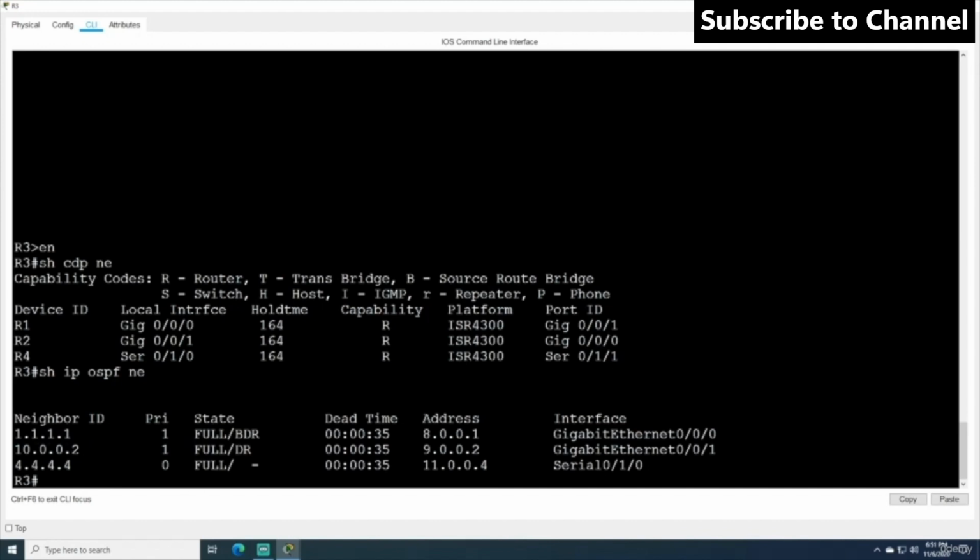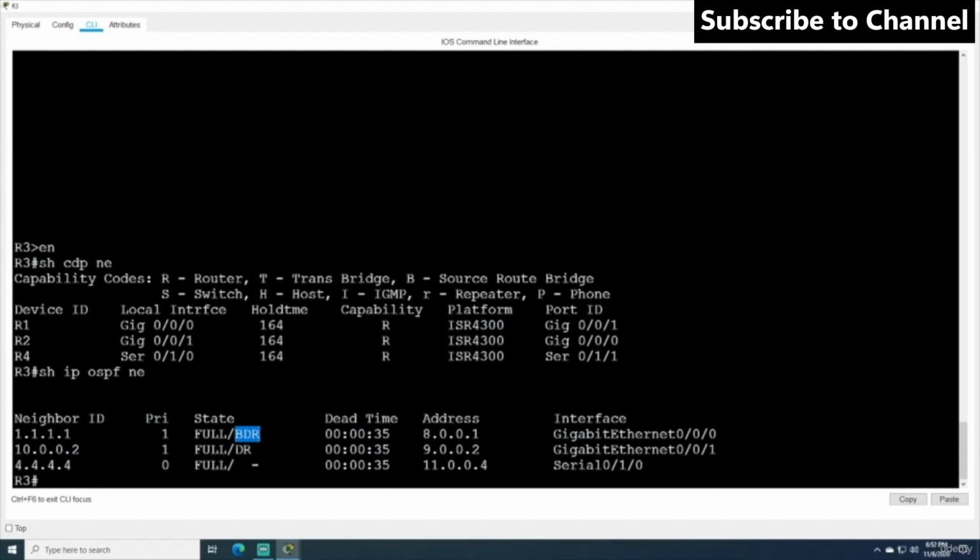Now we can also see that OSPF neighbors are further defined by their state. Full simply means that they are in a full neighbor state. And so that's good. That means everything is working perfectly. We also see these initials. We see DR, that stands for designated router, and we see BDR, that stands for backup designated router.